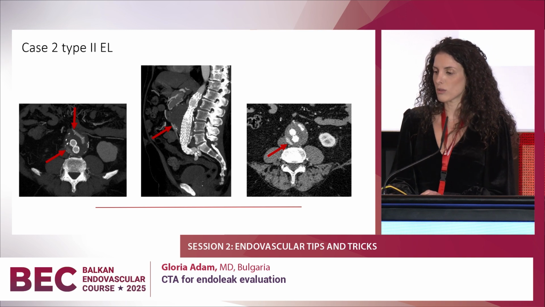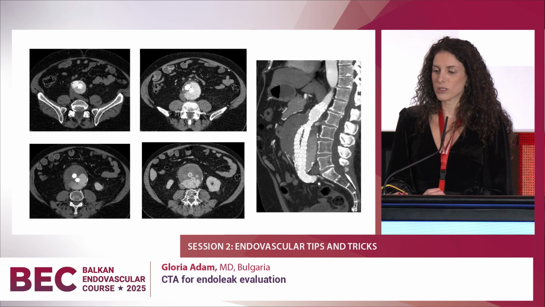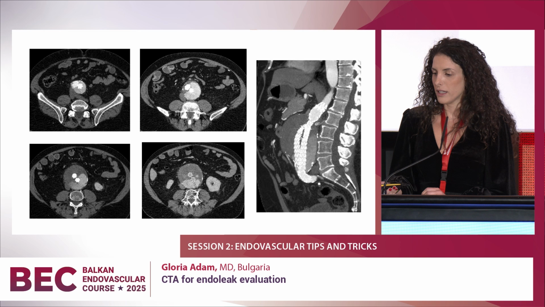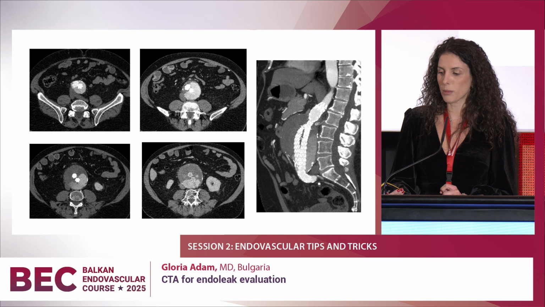So the decision was to treat both of the arteries with coils. And the patient was followed up further. Here we can see that there is no endoleak from the front of the aneurysm sac and coiling of the left lumbar artery.